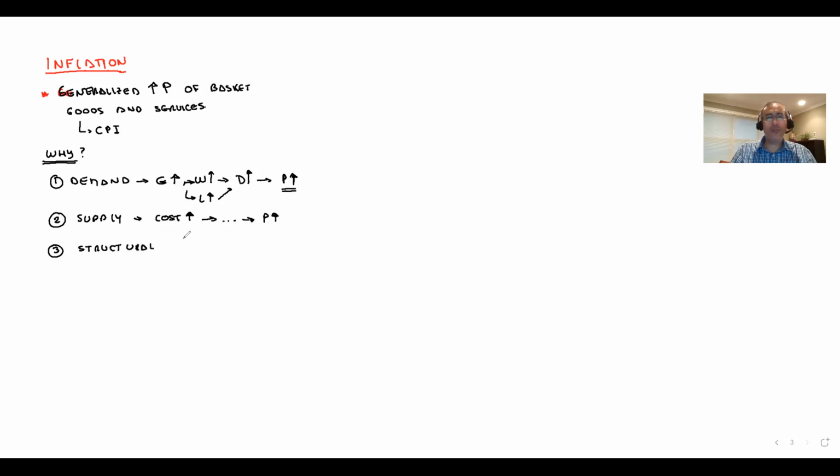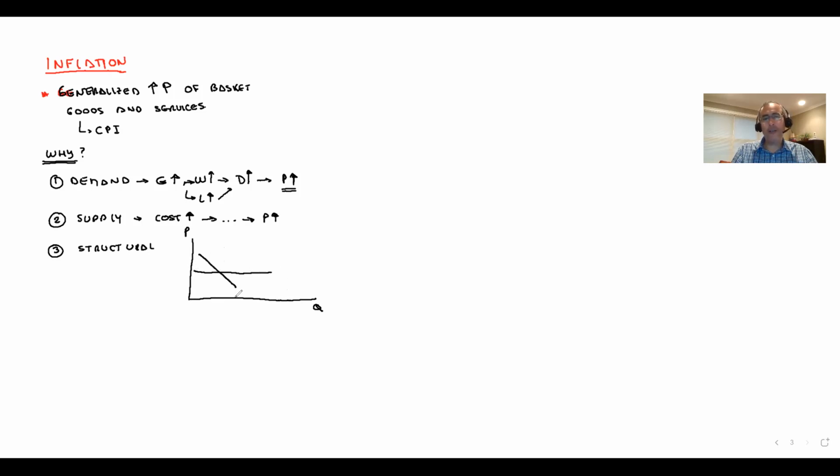And the other one that is also related is what is called the structural one. This comes more from the world of Keynes. So imagine this is my P, this is my quantity, and the common demand and supply cross like an X here. In general, what normally happens is that the supply is flat.